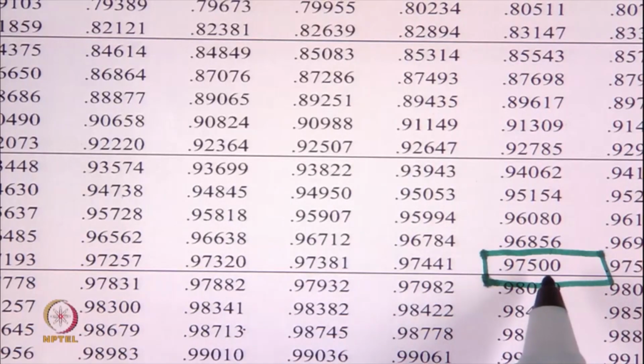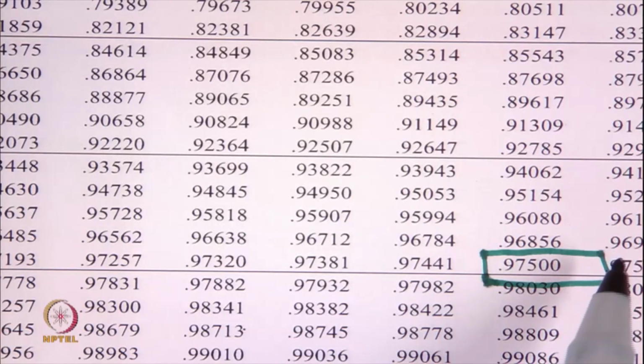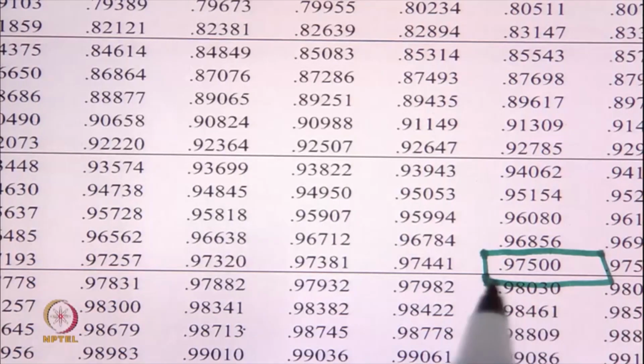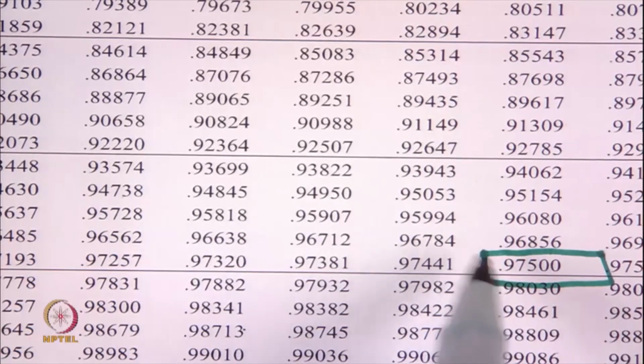So, we have to obtain the x value on the real line such that probability of standard normal variate less than or equal to this is 0.975. How to obtain this?